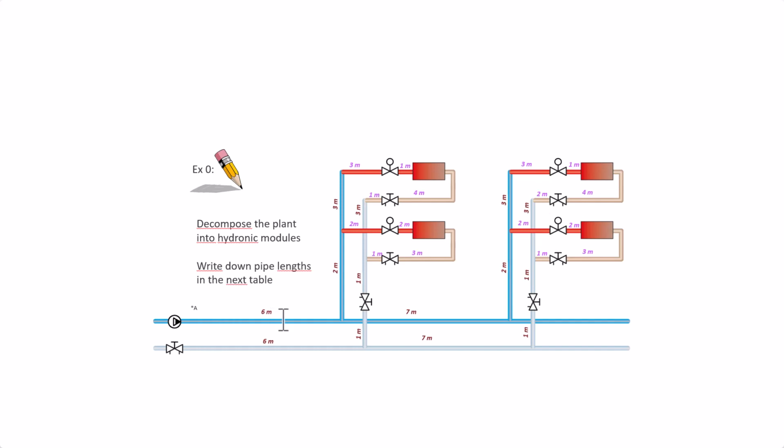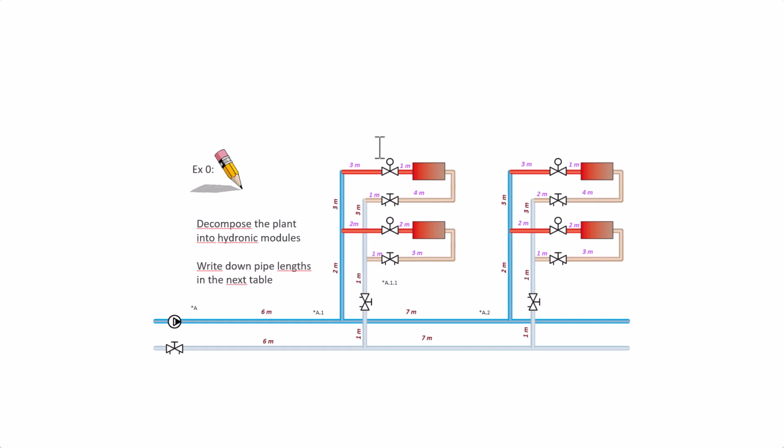So this is our star A, and then here we will have the star A.1. Here, because this is the second module on this distribution pipe, we will have the star A.2. Here, as this is the first circuit in this riser, we will have the star A.1.1.